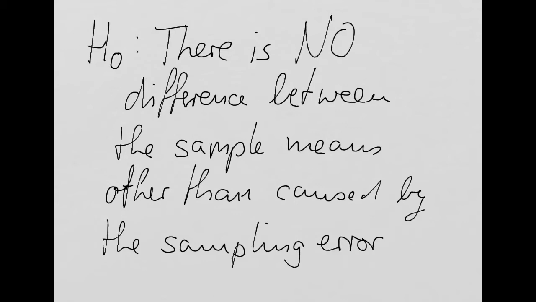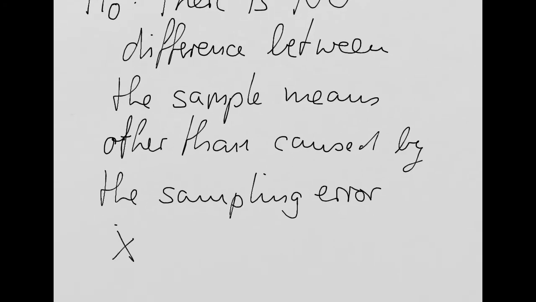That is the null hypothesis. And mathematically, we can express that as x bar 1, the mean of one sample, equals x bar 2, the mean of the second sample. And of course, we would say 170 centimeters is not 178 centimeters. But the way we write it here means they are the same apart from the sampling error.